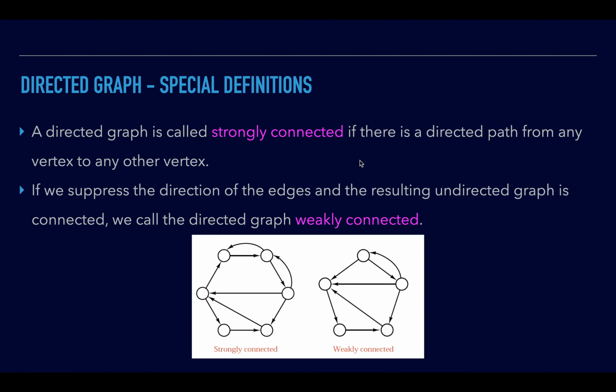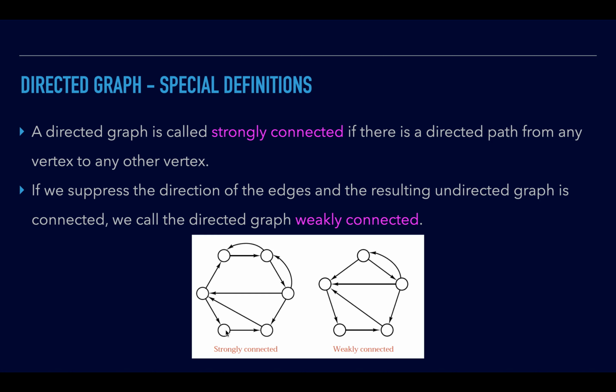Now we will see the idea of strongly connected and weakly connected directed graphs. A directed graph is strongly connected if there is a directed path from any vertex to any other vertex. So this is essentially a directed graph, that is, we have the direction information here, and if I can go from one node to any other node with this direction information, then that graph is called a strongly connected graph.